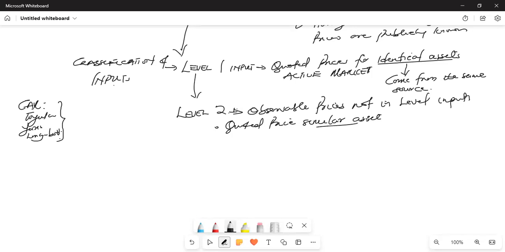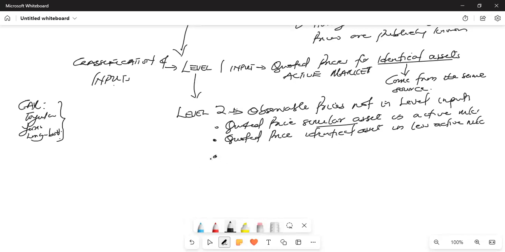So here, similar asset in an active market, plus quoted prices of identical asset in a less active market. So take note of that, less active market.